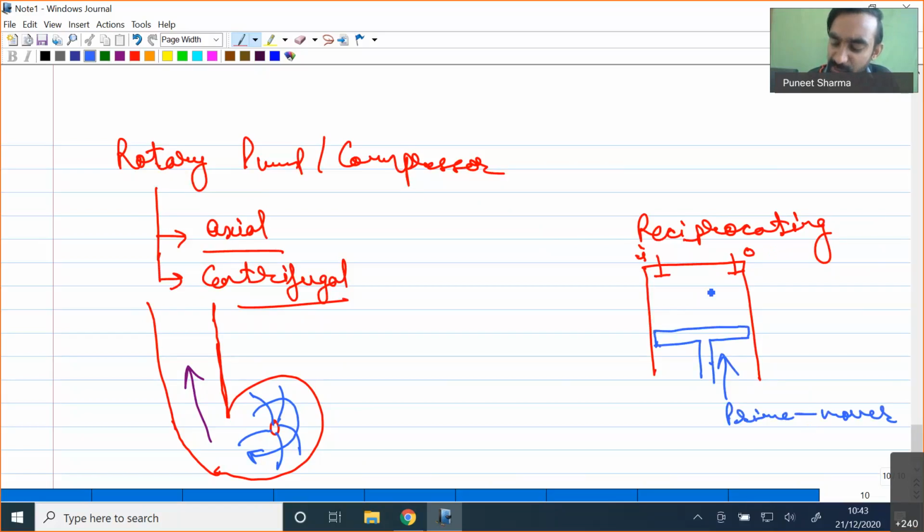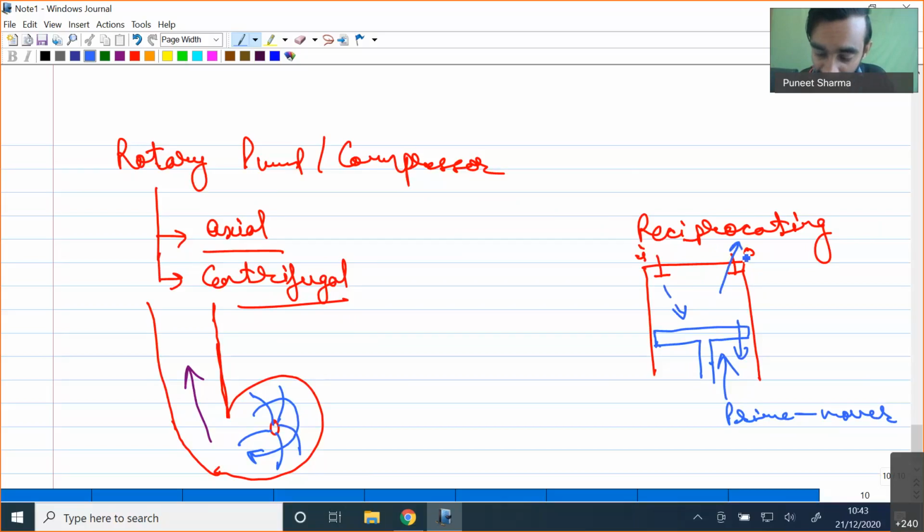Our working medium is compressed inside this piston-cylinder arrangement. In one stroke, while the piston moves downward, we have inlet of the working medium, and while the piston moves upward, the outlet valve is open and we have the outflow at high pressure.